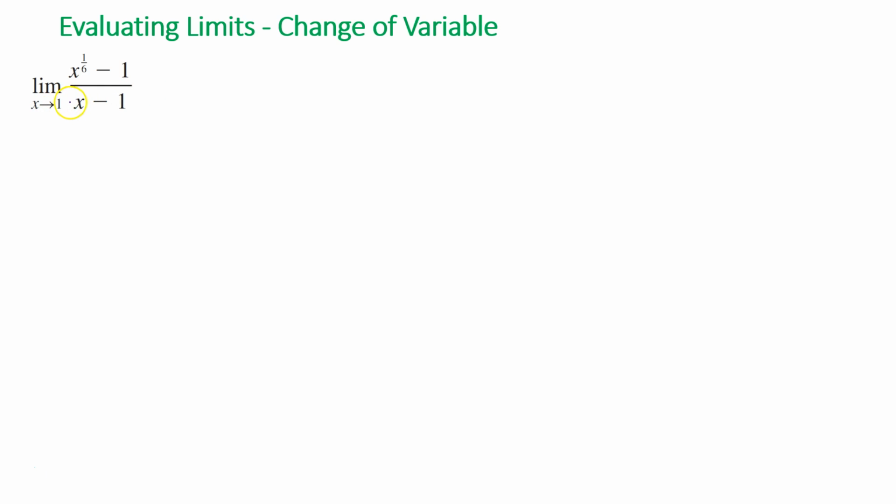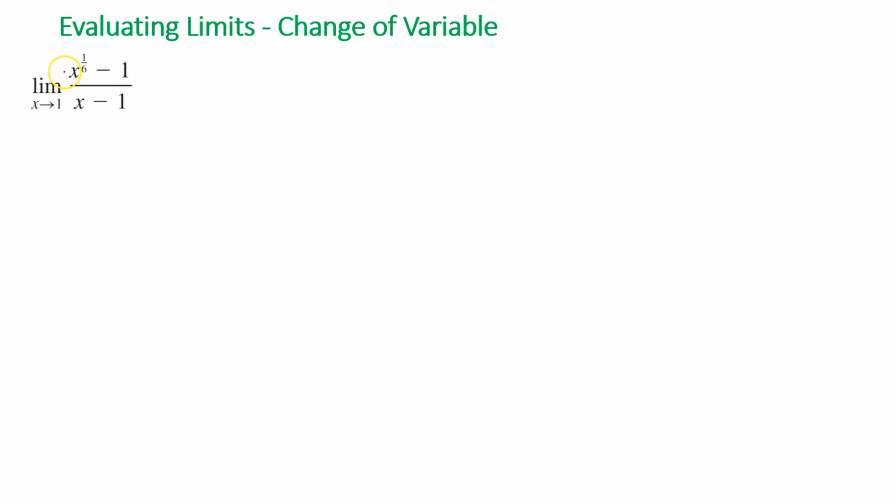So in this case, the denominator is x minus 1, so if we substitute 1 into x, we're going to get 0, so that's going to make this expression undefined, which means that we can't use direct substitution to evaluate this limit, so we're going to have to use something else. And what we're going to use is the change of variable.